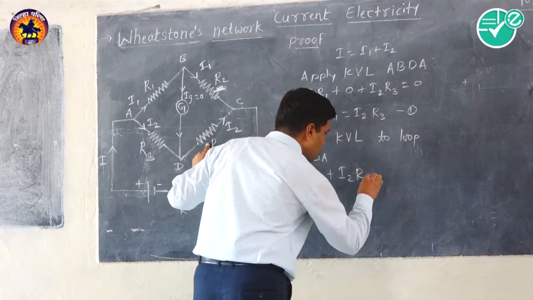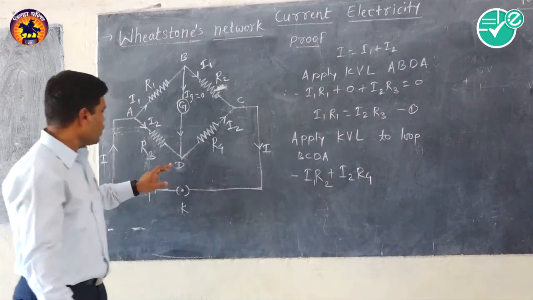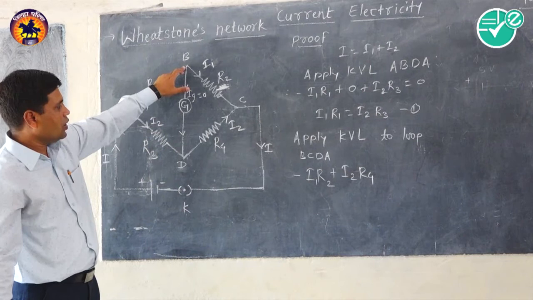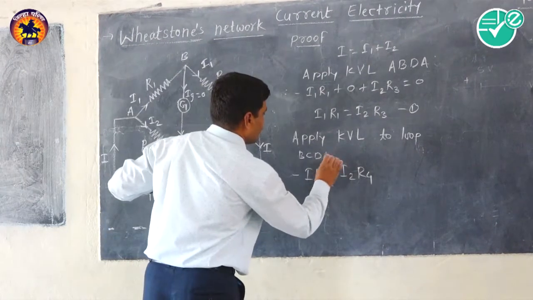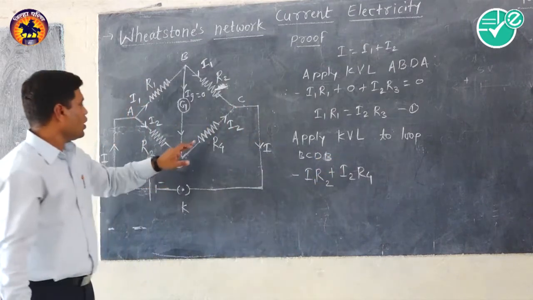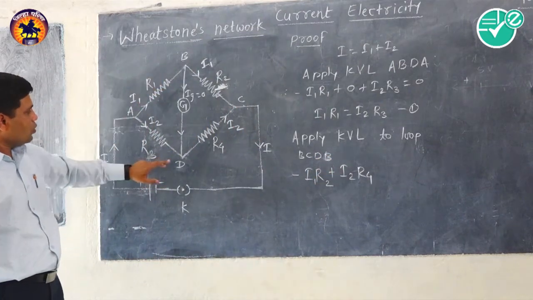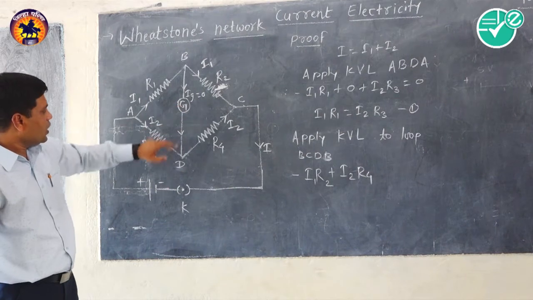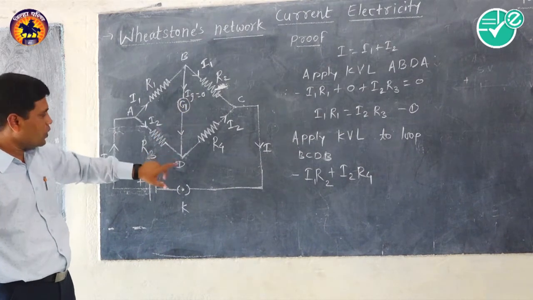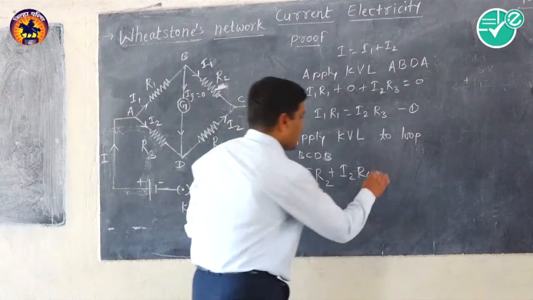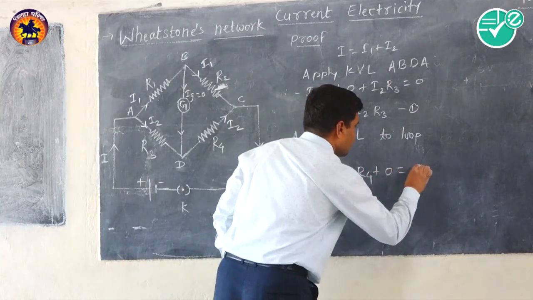That is I2 R4. Now, as we move from D to B, we observe that the galvanometer has some resistance, no doubt, but the current flowing through the galvanometer is 0. Therefore, here we can write 0, that is equal to 0.